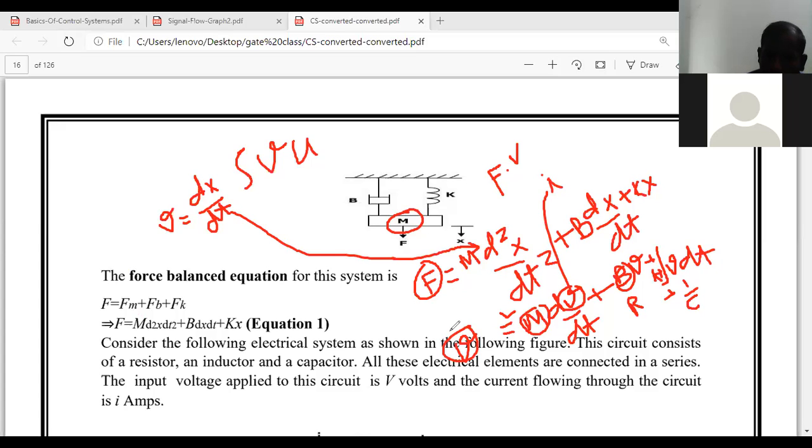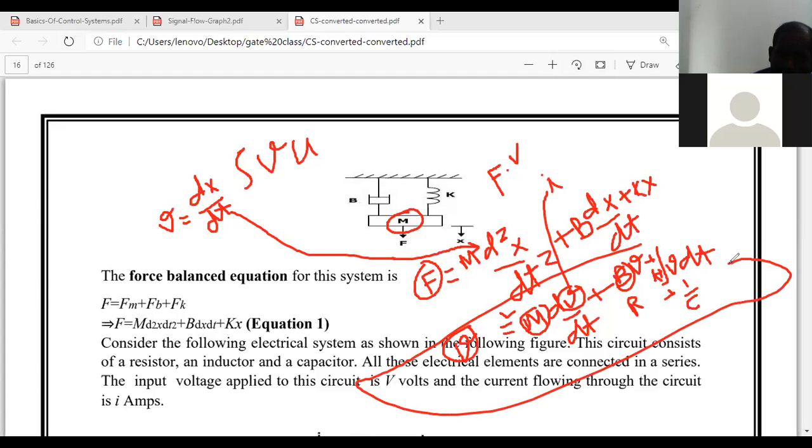On that replacement, you will be getting the electrical equivalent circuit for the mechanical system. Is it clear what I'm telling?